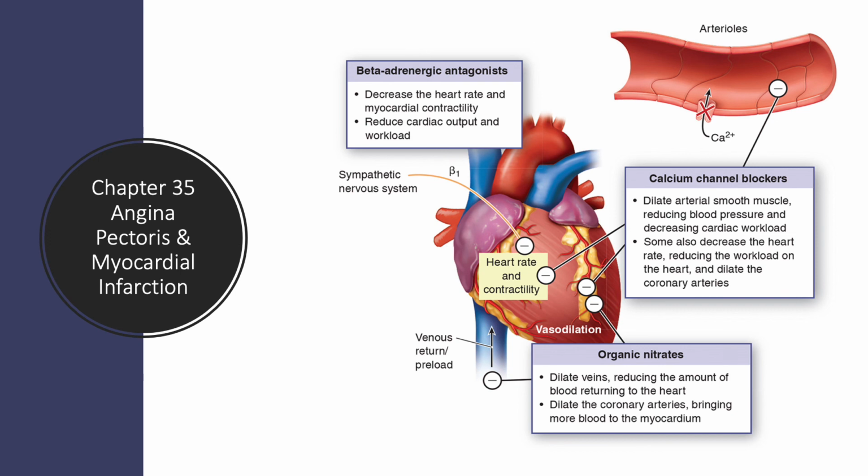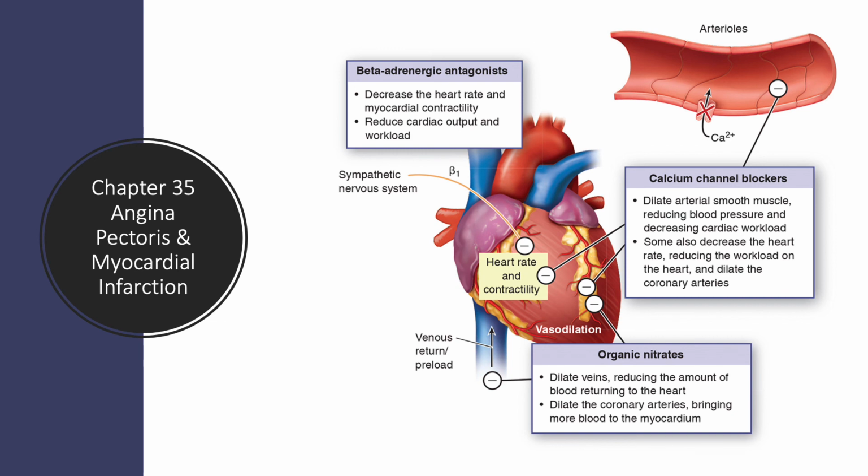Okay, so they work on the sympathetic system and block it. So even though the occlusion is still there with stable angina, the heart isn't working as hard because of the beta blockers reducing heart rate and reducing contractility.